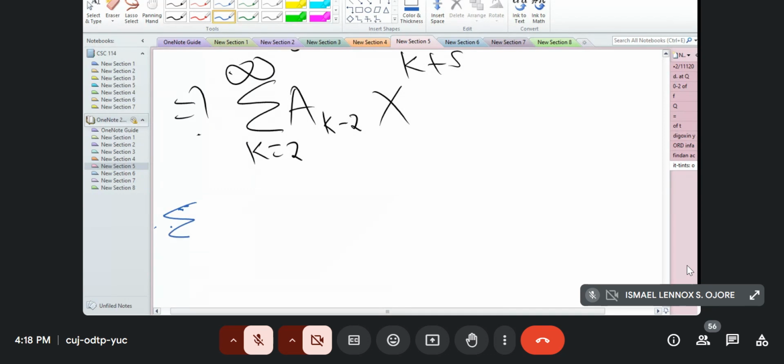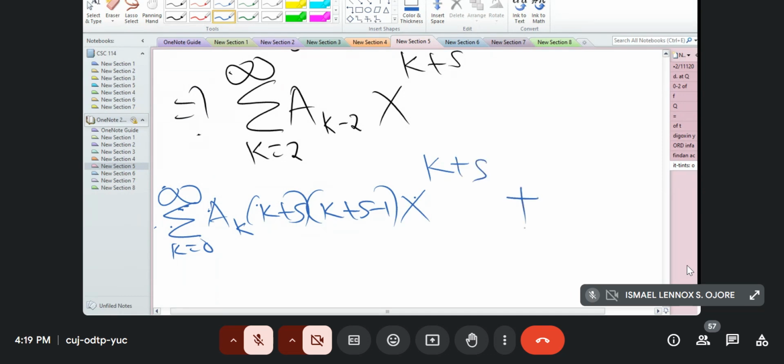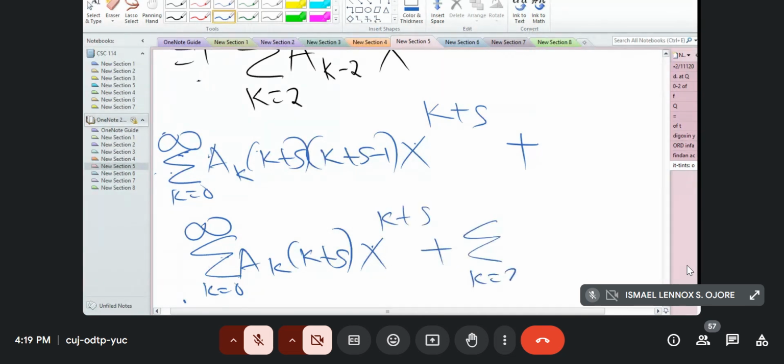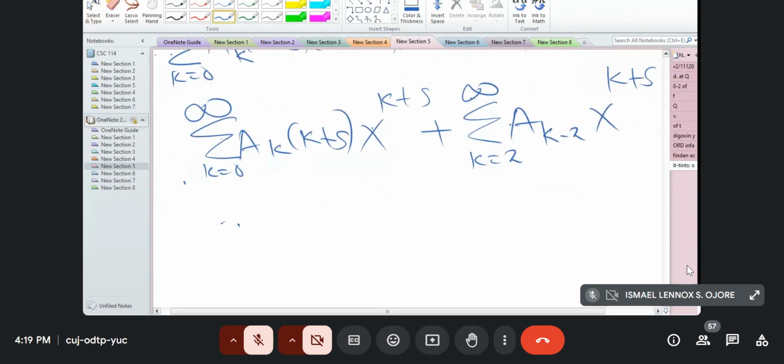Summation of k from 0 to infinity of a_k (k plus s minus 1) x to the power k plus s, plus the second term, summation of k from 0 to infinity a_k (k plus s), and then plus the third term, summation of k from 2 to infinity a_{k-2} x to the power k plus s, minus p squared summation of k from 0 to infinity a_k x to the power k plus s.